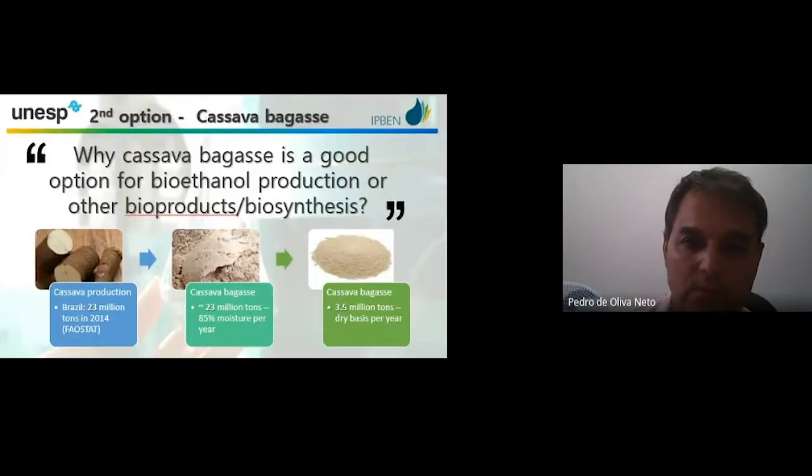The second option is cassava bagasse. Why cassava bagasse? Because we have 3.5 million tons, on a dried basis, of cassava bagasse, a solid, semi-solid waste from the extraction of starch, using cassava, the plant mandioca in Portuguese.